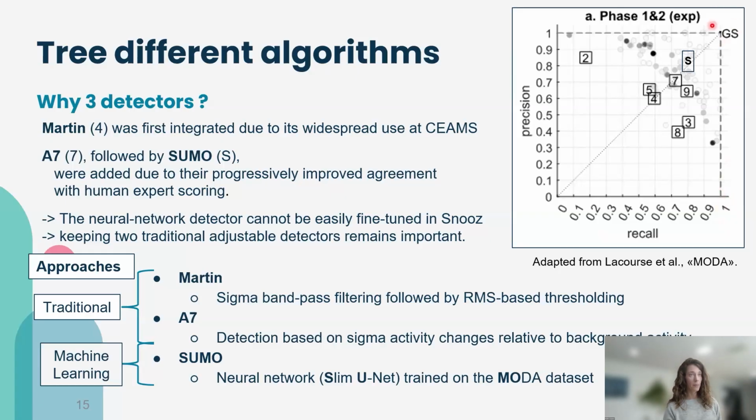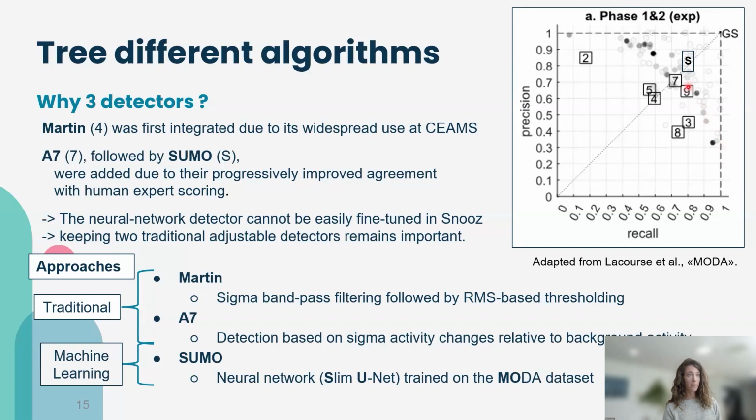So the best performance is therefore the top right corner. In fact, this region corresponds to the gold standard itself, created from all the scoring from the experts. All the experts are represented by a dot. So the darker the dot, the more epochs have been scored by the expert.